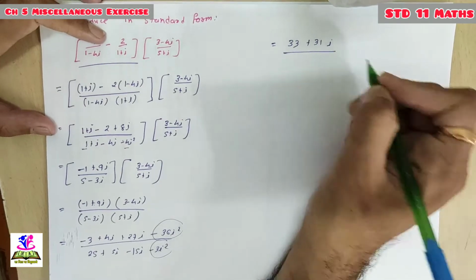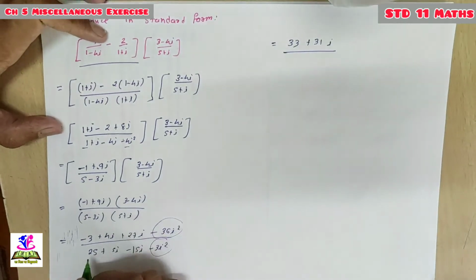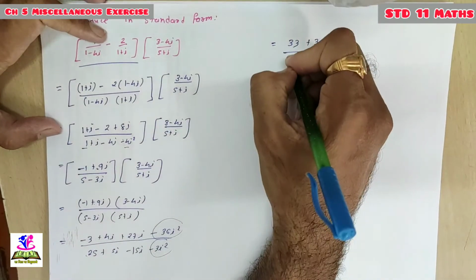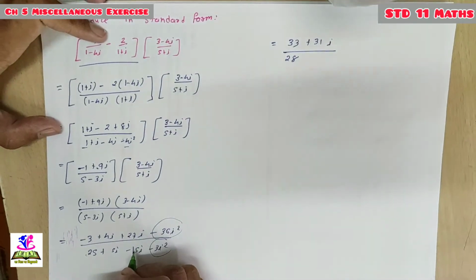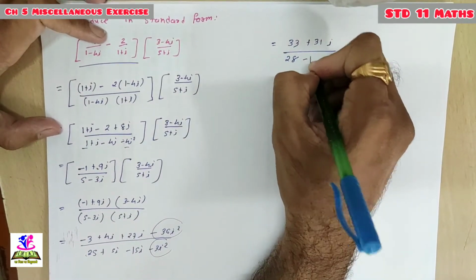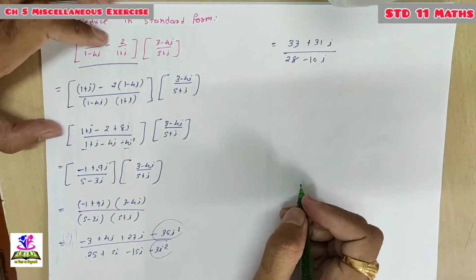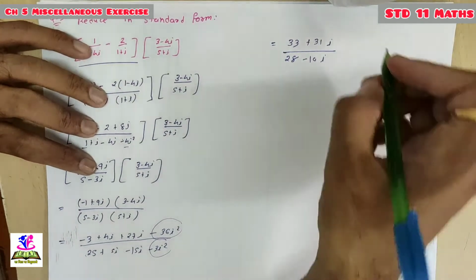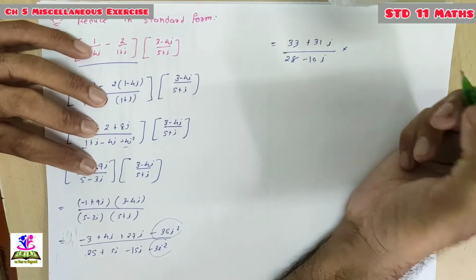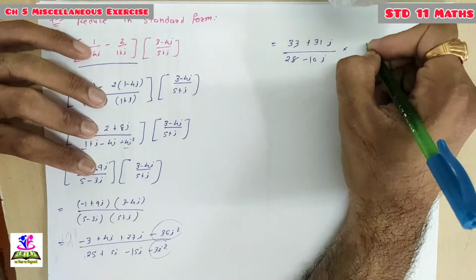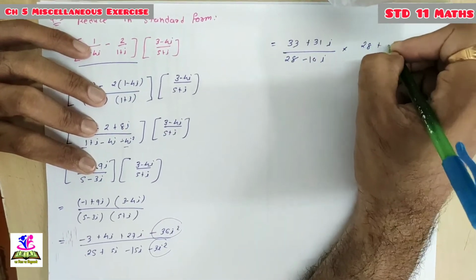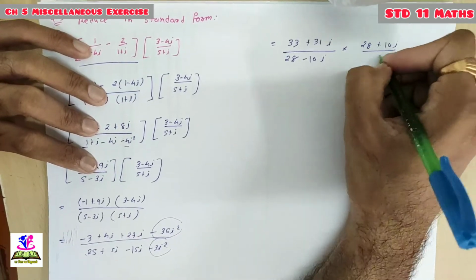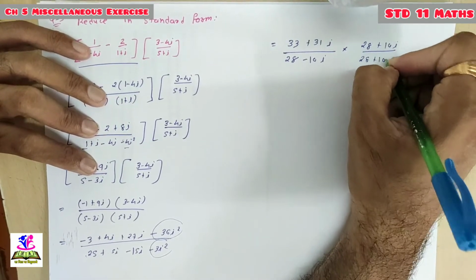Upon 25 plus 3, 28, minus 15 plus 5, minus 10i. You have to simplify this. So again you have to multiply and divide by the conjugate of this denominator. So it's 28 plus 10i, 28 plus 10i.